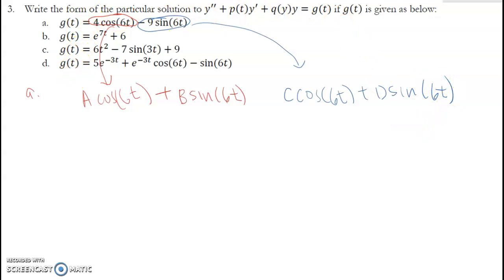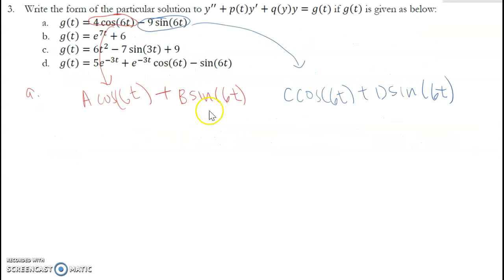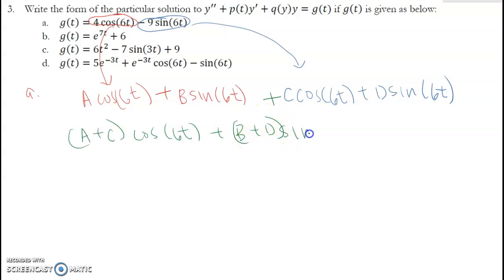All right, and what do we do here? From the slide, we know that these two should be added, since the red and the blue parts are added together for our g of t as well. So if they're added, I can just combine. That would be A plus C cosine of 6t plus B plus D sine of 6t.